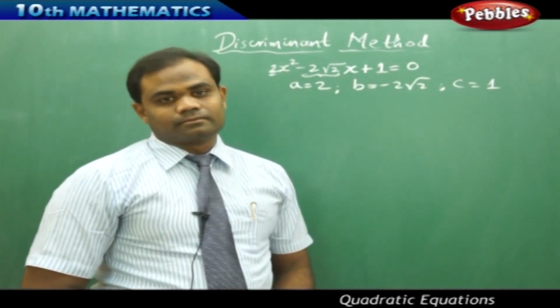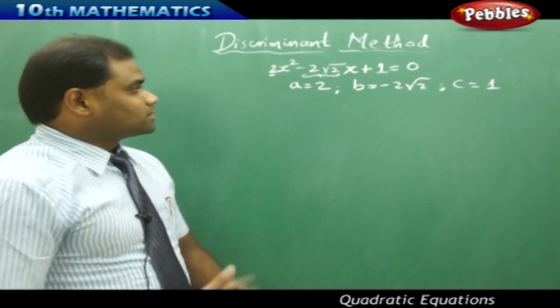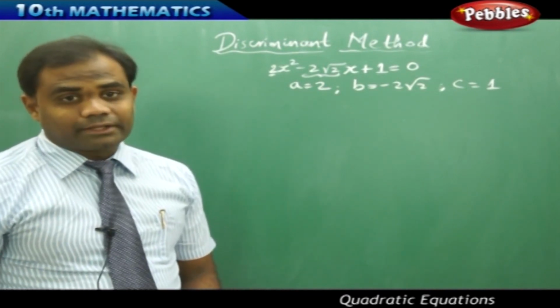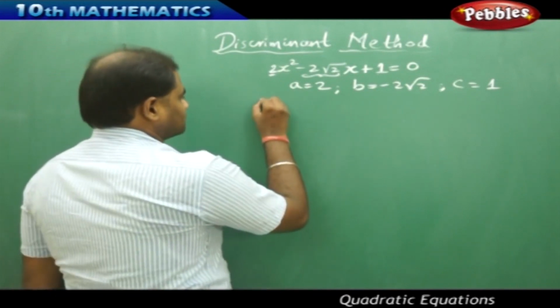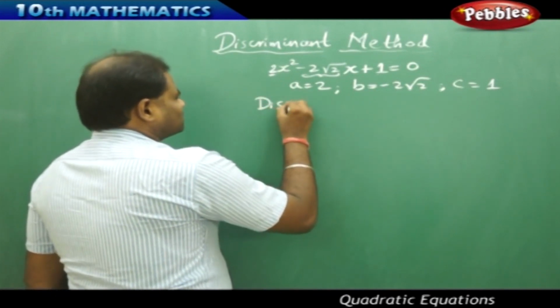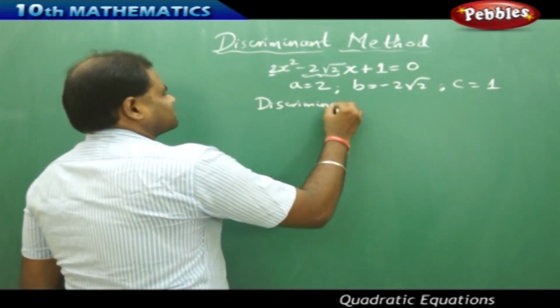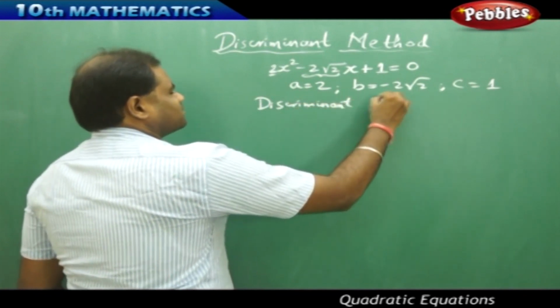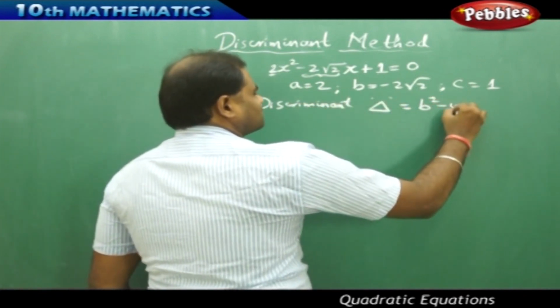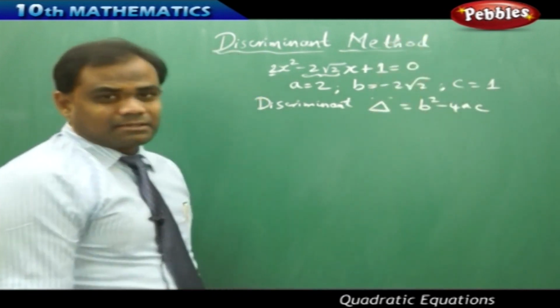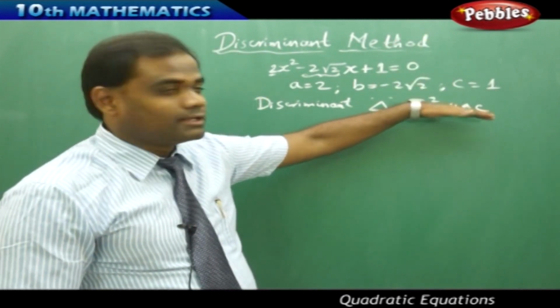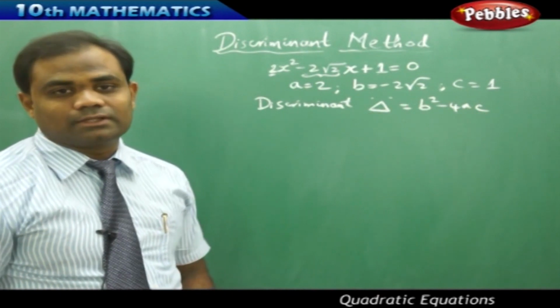Now to find the roots using the discriminant method, initially I need to find the discriminant delta. As we know, the discriminant delta is given by the formula b squared minus 4ac, so I simply substitute the values of a, b, c in this equation and I get the value of delta.